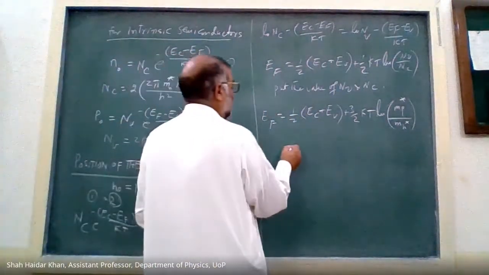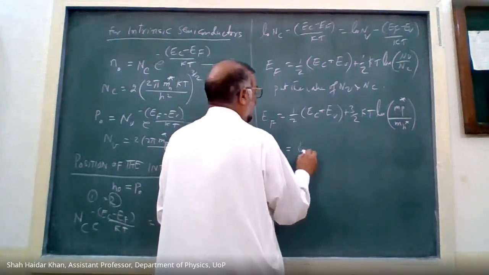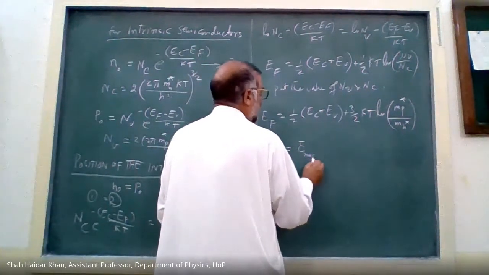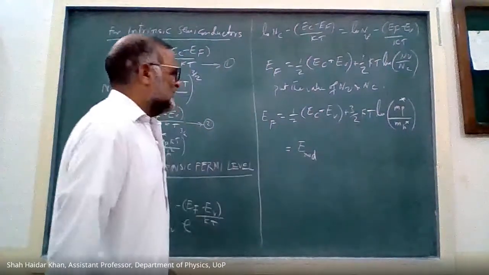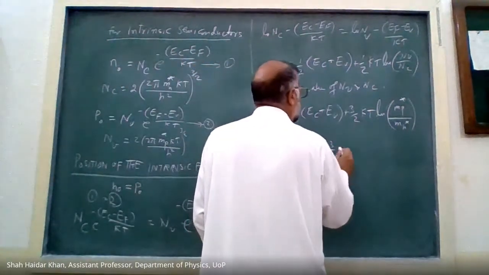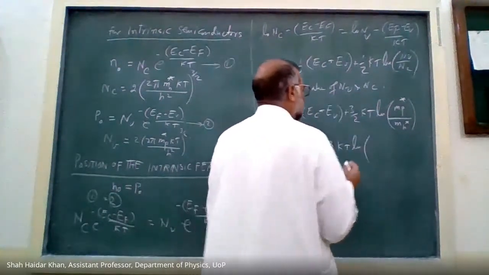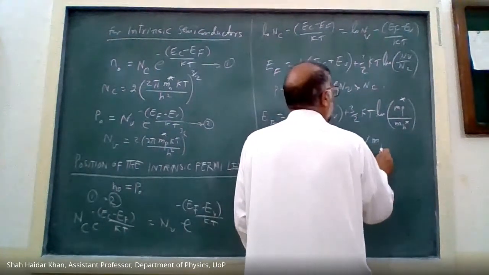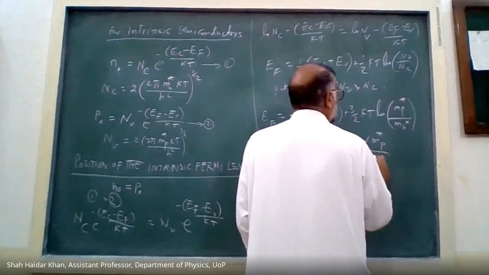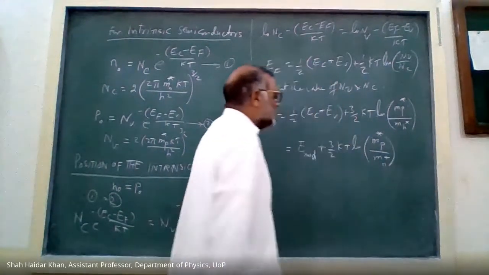This is equal to the mid gap energy, E mid gap, plus 3 by 2 KT log of Mp star divided by Mn star.